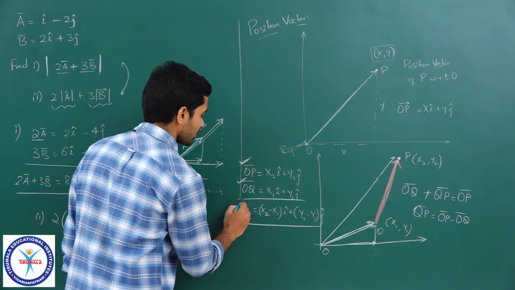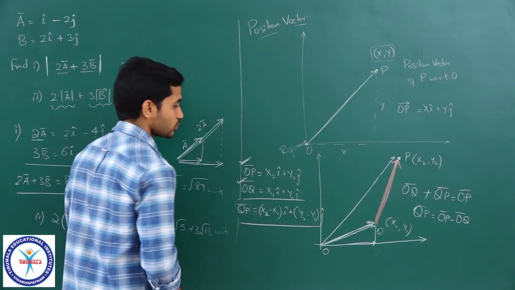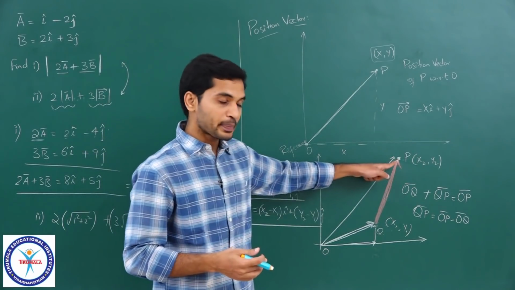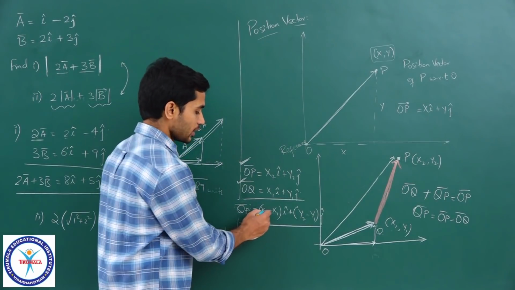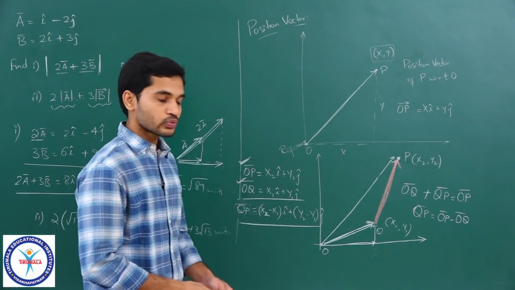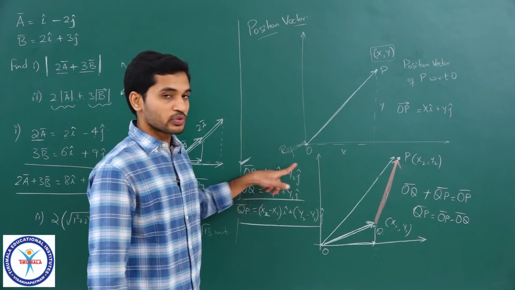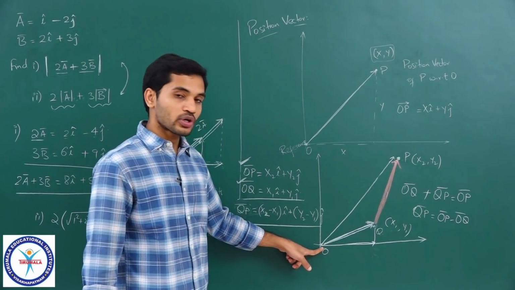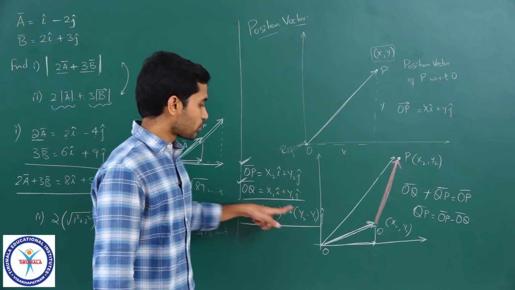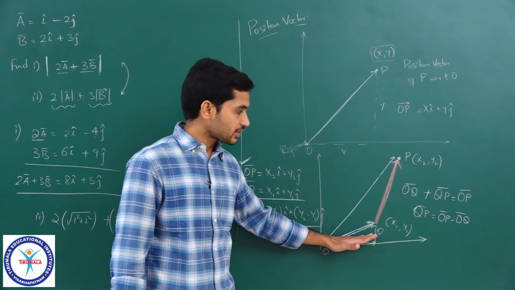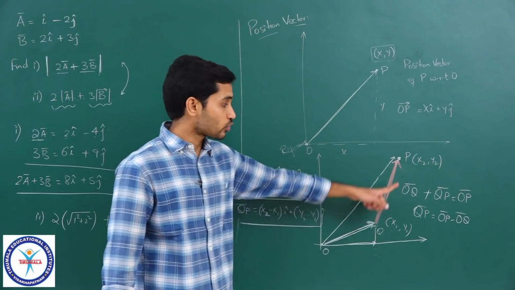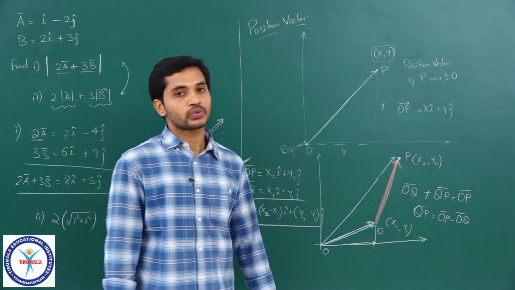So this is our required QP bar, which means I found out where P is with respect to Q, and for doing that the information that I need is what? The position of P with respect to origin, the position of Q with respect to origin, and if I subtract those two vectors, I will be getting the position of P with respect to Q.